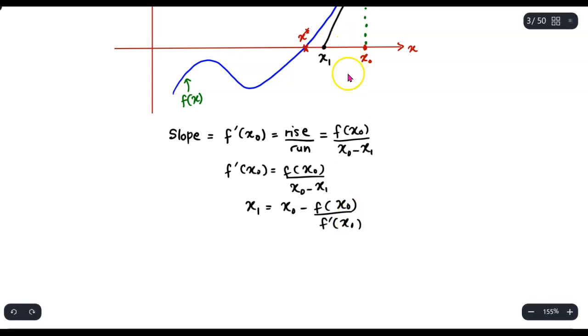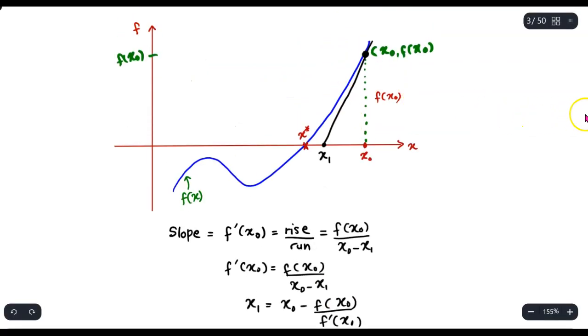But based on this diagram, x naught is still not the root that we wish to get. Somehow we can see that if we have another triangle here, so we take the point here and draw another tangent line at this point, we have something like that.